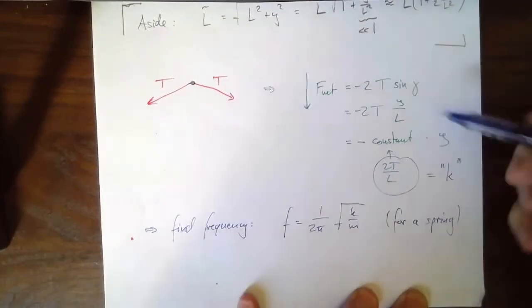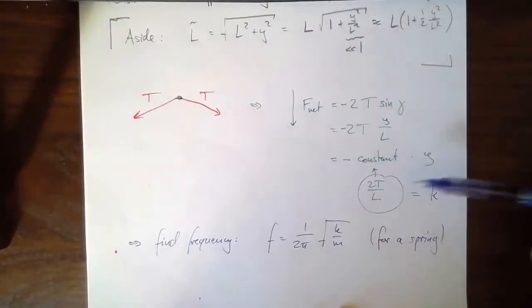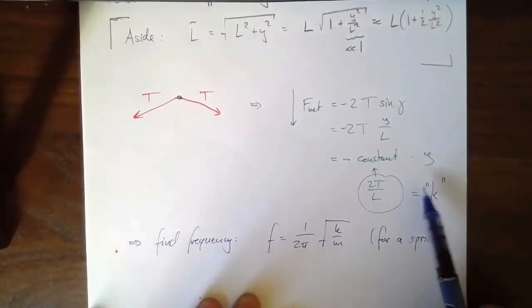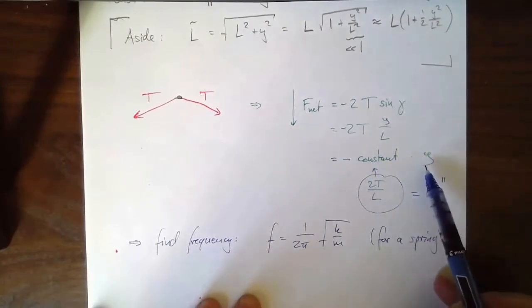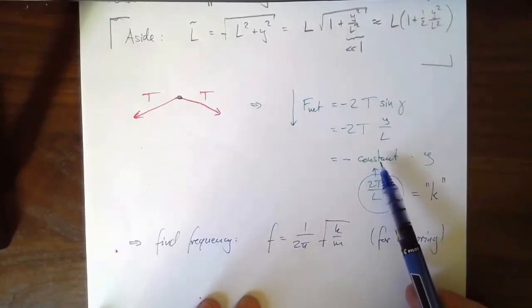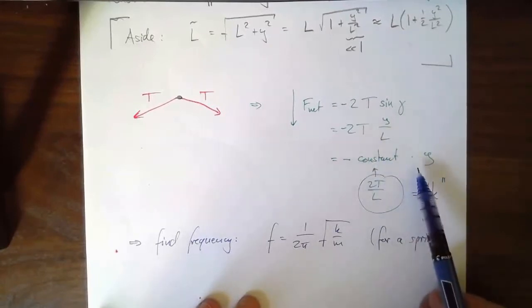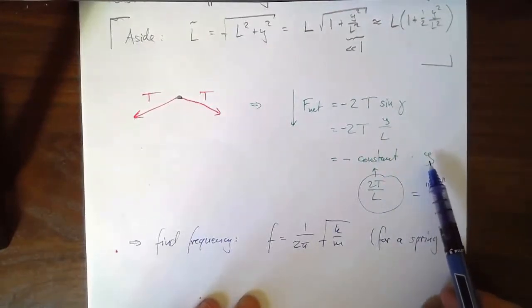But we've managed to rewrite the physics of this one in terms of the language of a spring, where we've identified a spring constant, the thing that multiplies the displacement to give me the force. The steepness of the slope of the force versus position graph near small values of y, near y equals 0.